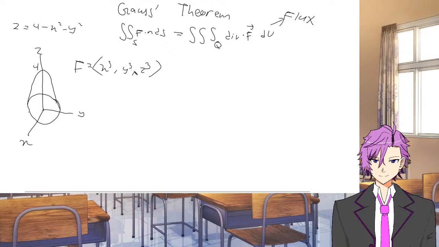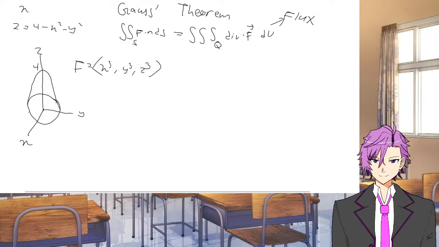So anyways, F. If we want to do this, we need to first find the divergence. Either way, you can either do the divergence first or set the regions first. Any way you like it. I think we'll just do the region first.